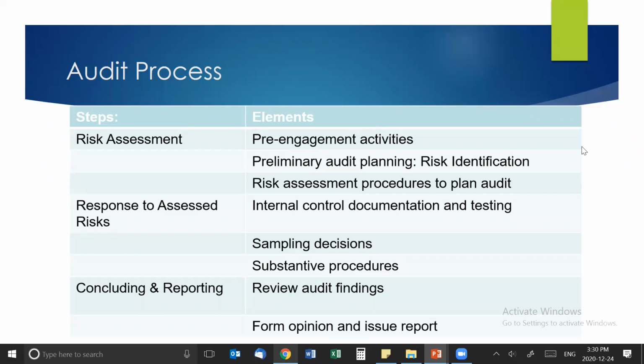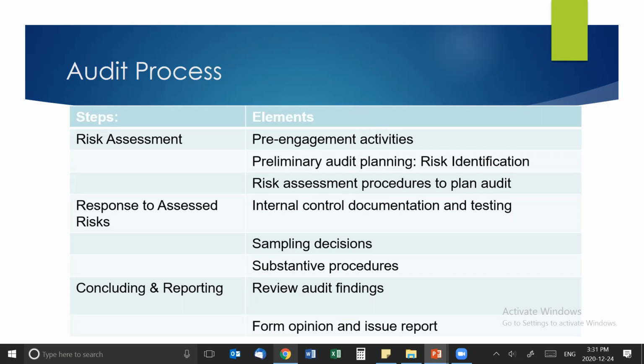And then once you have accepted the audit client, you can do some preliminary audit planning. That includes risk identification, so determining what the risks are for the audit client. So looking at their business risks and determining what the audit risk is. The audit risk that I've mentioned in previous chapters was the risk that the auditor is going to give the wrong opinion on the financial statements.